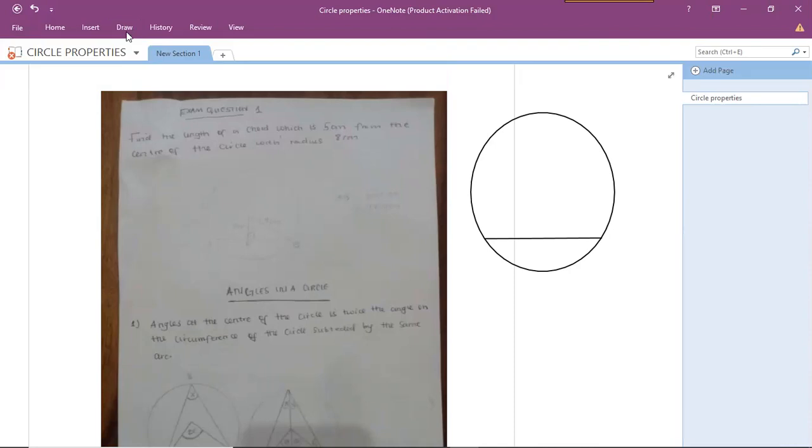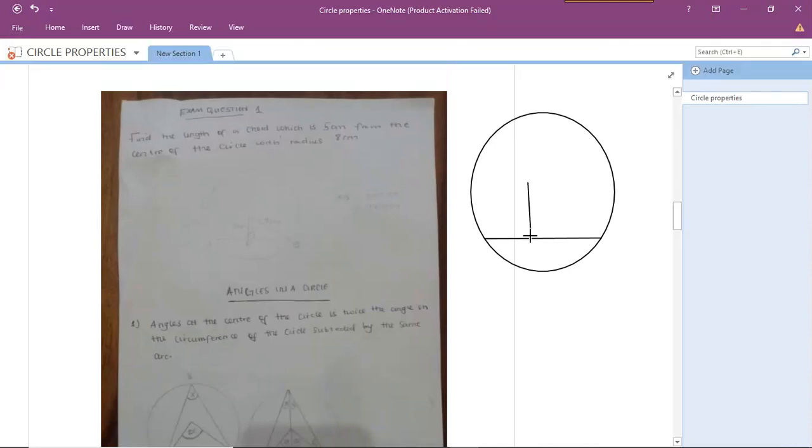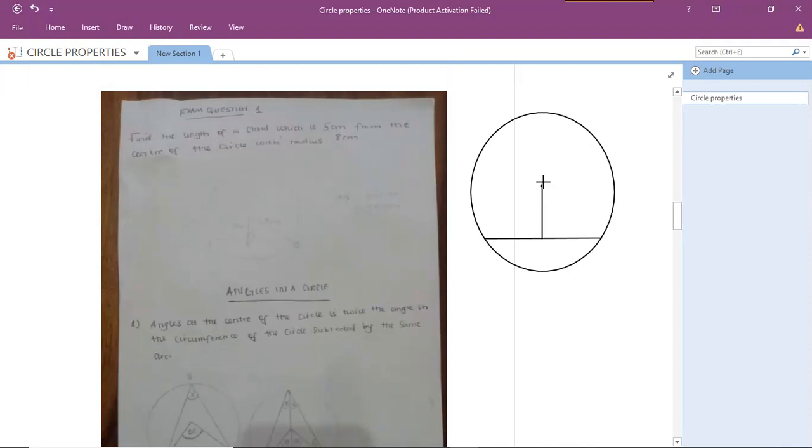So let's just say there's a line here. Okay, so the diagram looks like this.